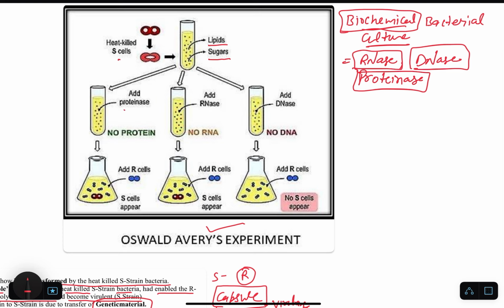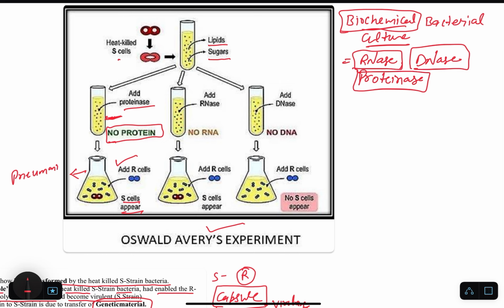First of all, they added proteinase, so that there will be no protein inside the tube which contains bacteria. They added this to the S cell and then added it to the R cell. Okay, when they added the extract without protein to the mice, the mice died with pneumonia.